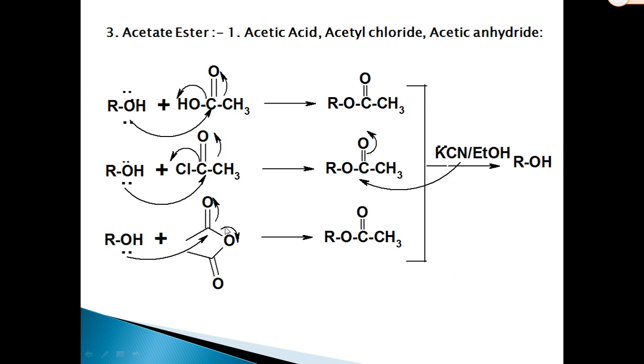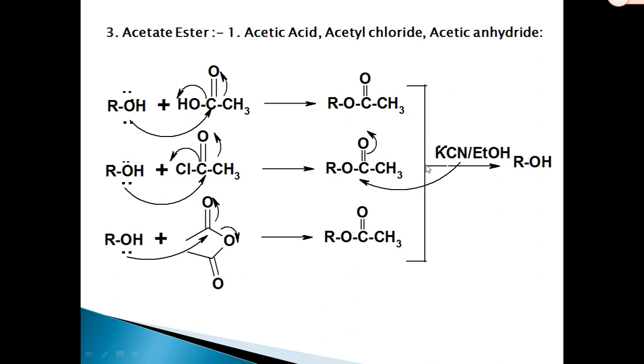Now the acetate group is the leaving group, forming acetic acid CH3COOH, restoring the double bond, and on loss of H positive ion forms the acetate ester. In this way, acetate ester is formed from acetic acid, acetyl chloride, and acetic anhydride. This is the protection of hydroxyl group.